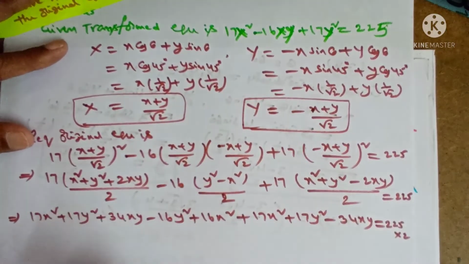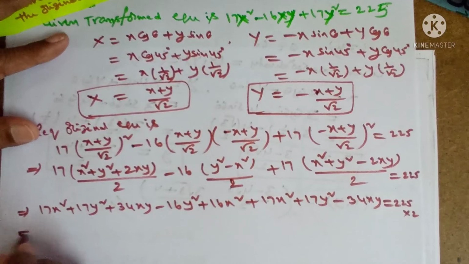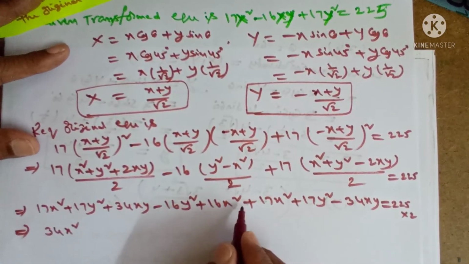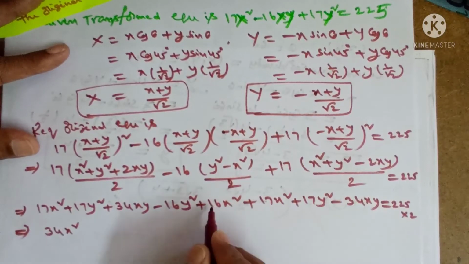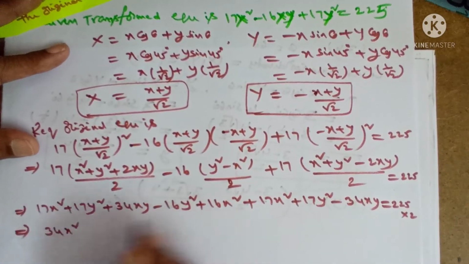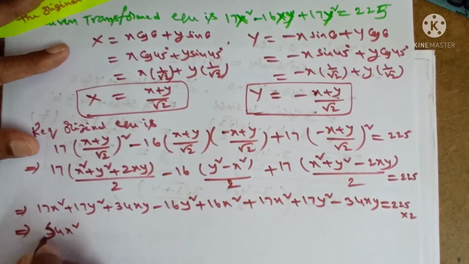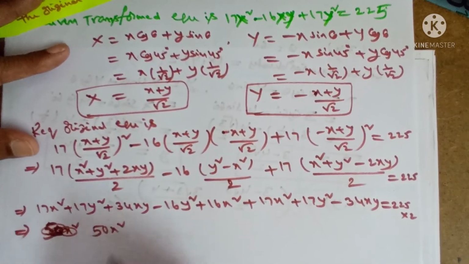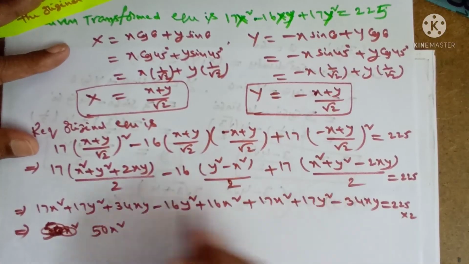No need to multiply. Here 17, 17, 34x square. Next 17, 17, 34 plus 16, again 34 plus 16 is 50x square. Next 34xy, 34xy, these two are cancelled here.